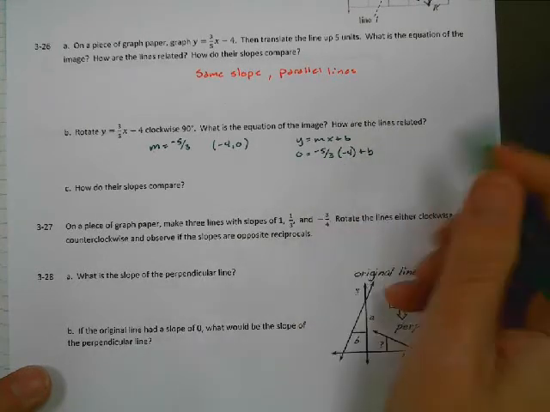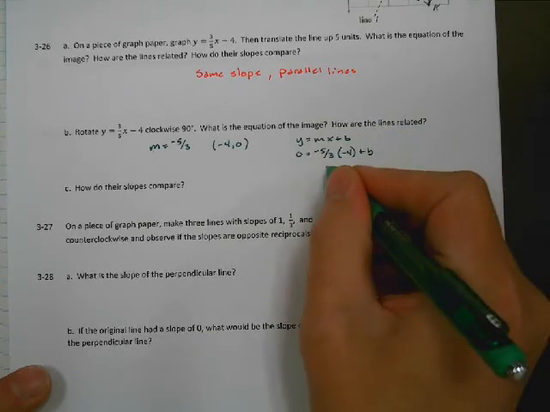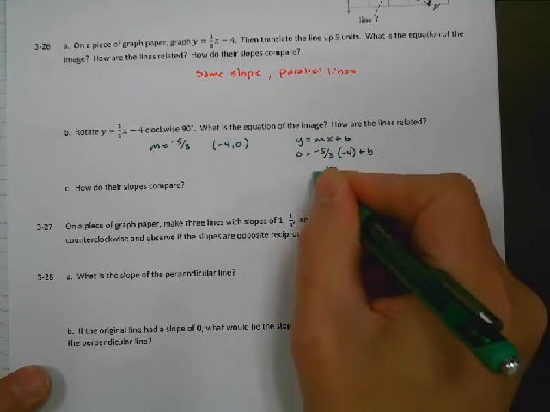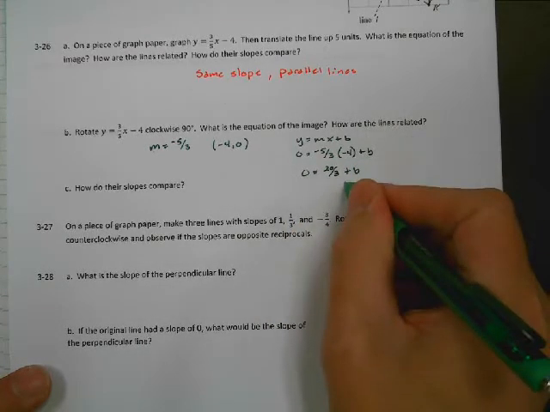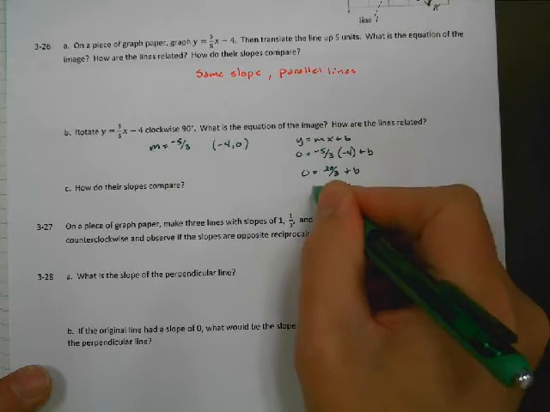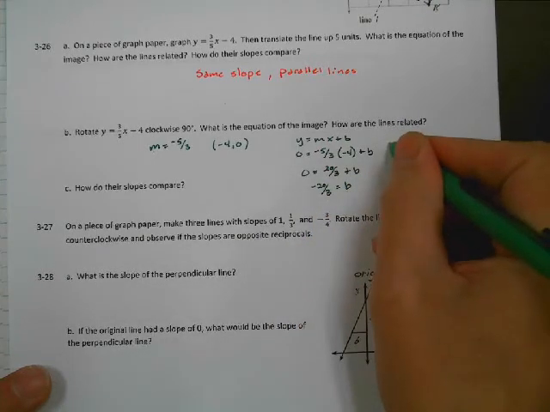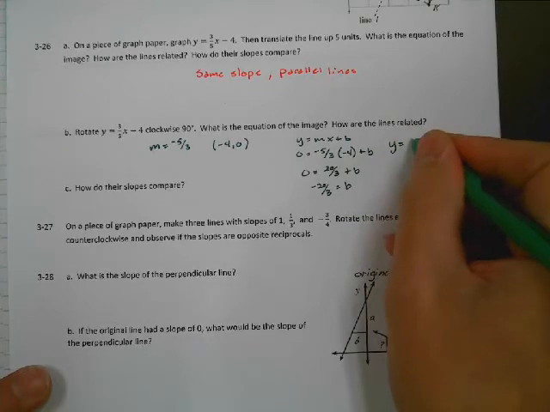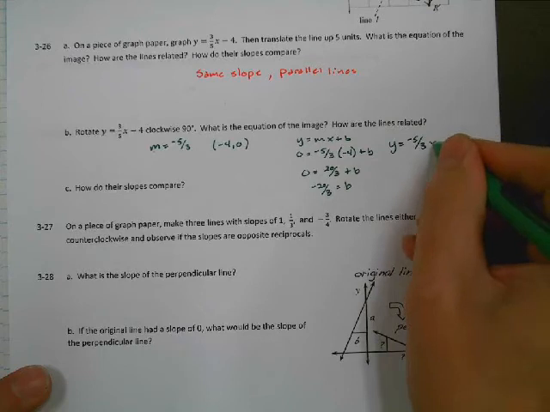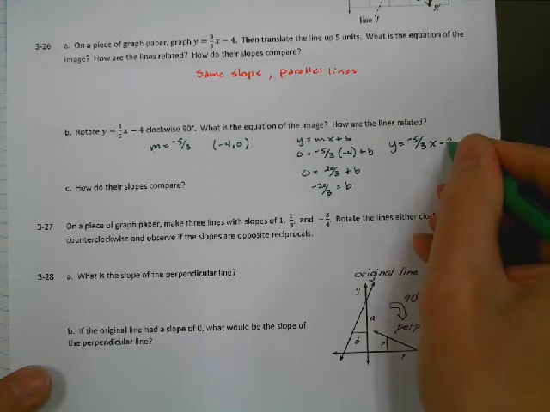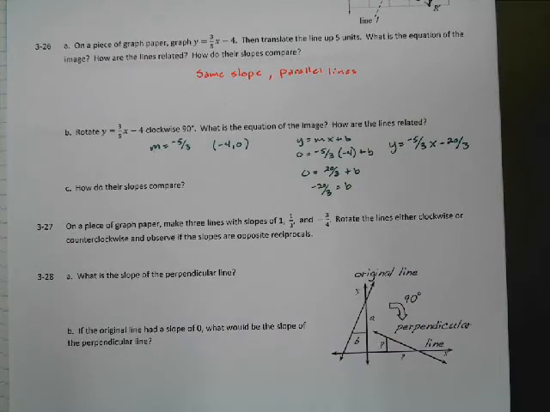So -5/3 times -4 would be +20/3. And then I'd subtract 20/3 from both sides and I get b is equal to -20/3. So the equation of this line would be y equals -5/3 x minus 20/3. All right, I'm off my game today, but we'll get there.